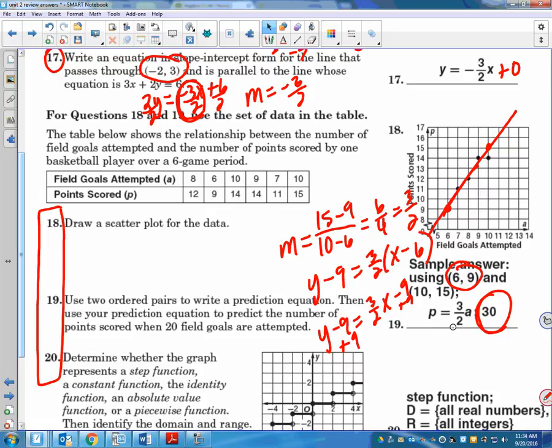That's their equation, and they use different variables than x and y. Mine would have been y equals 3/2 x. And then you predict how many goals there would be for 20. So you plug 20 in there, 3/2 times 20, and that's where they got the answer of 30.